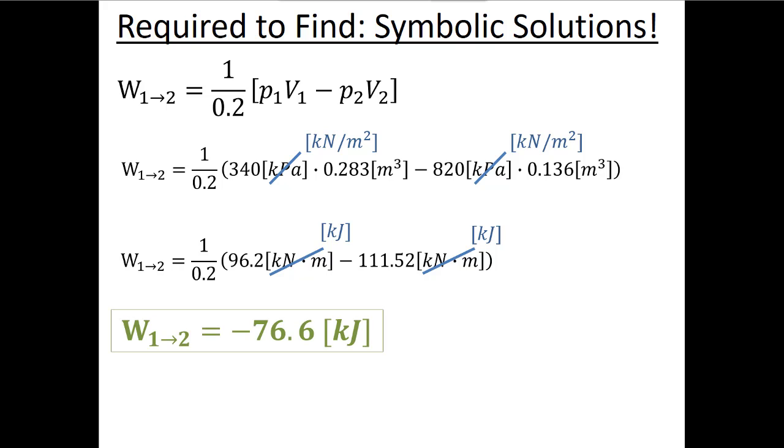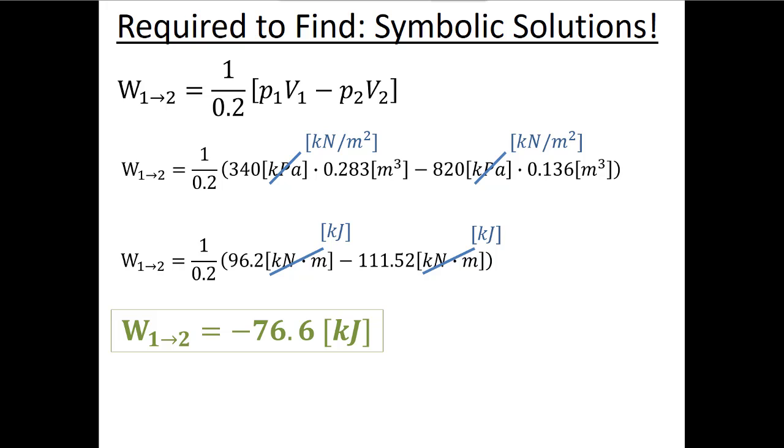Now, I get that the work is negative. Does that make sense? In order for this process to happen, we're pushing our cylinder in to make the volume smaller and increase the pressure. So that's work being done on the system, or we're adding work into the system.